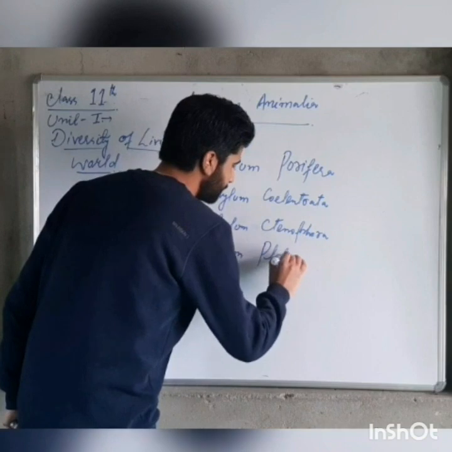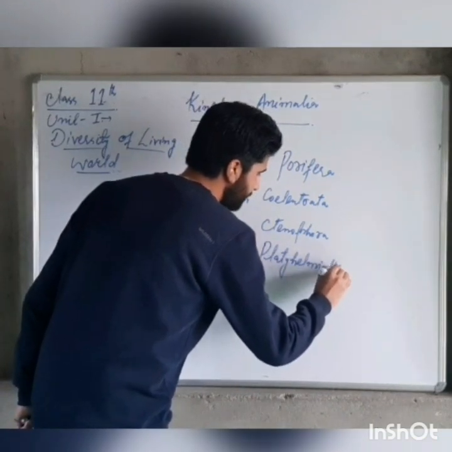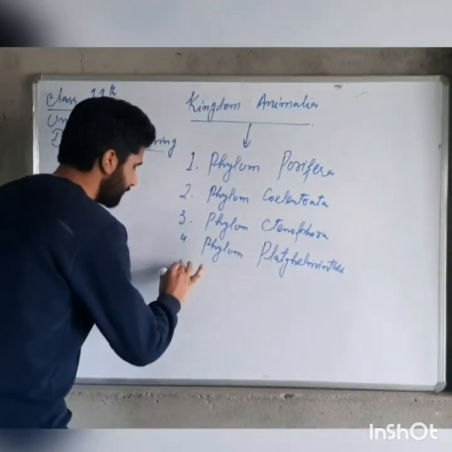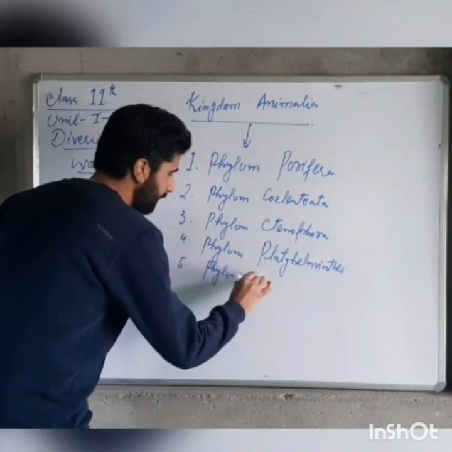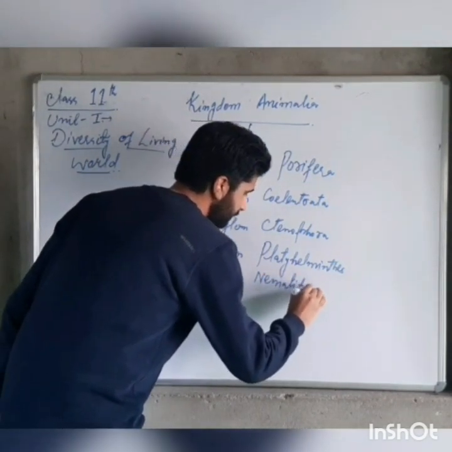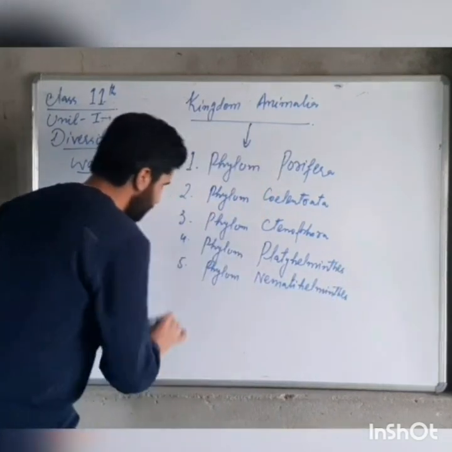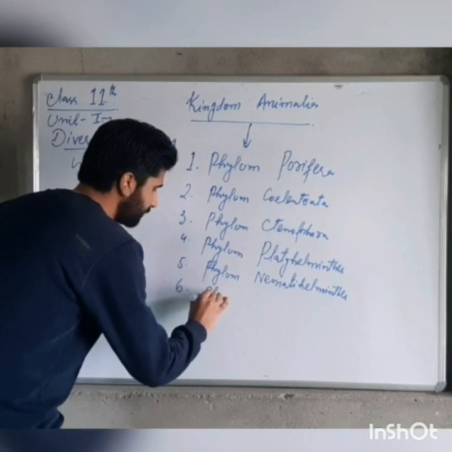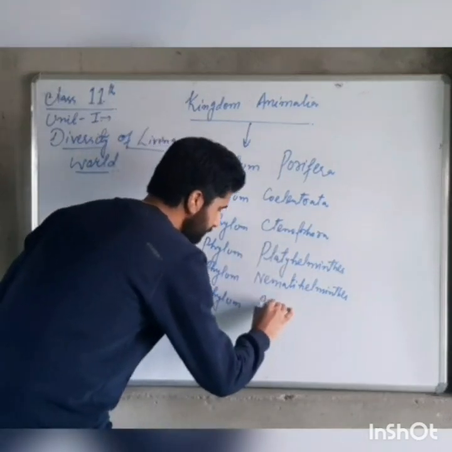Platyhelminthes. Fifth one is phylum Nematohelminthes. Sixth one is phylum Annelida.